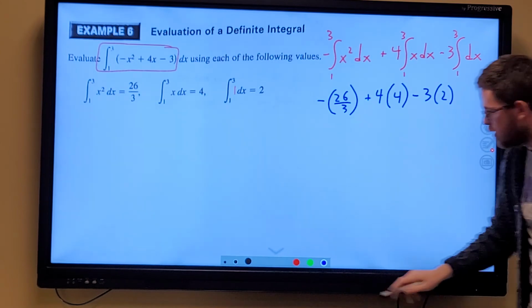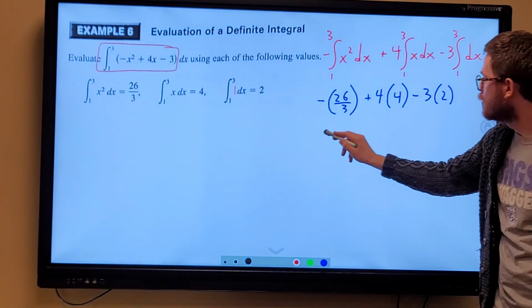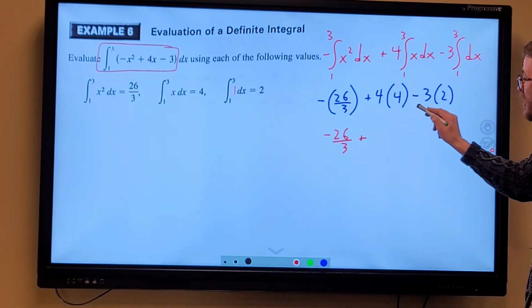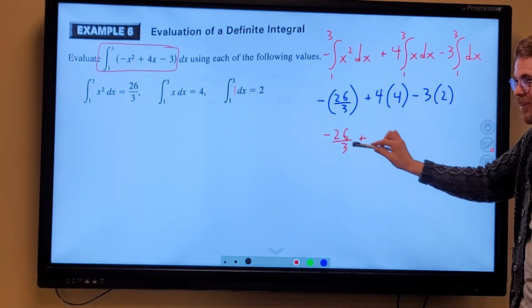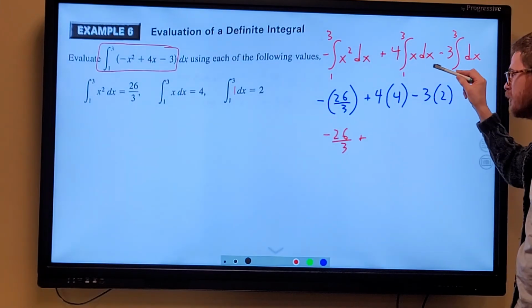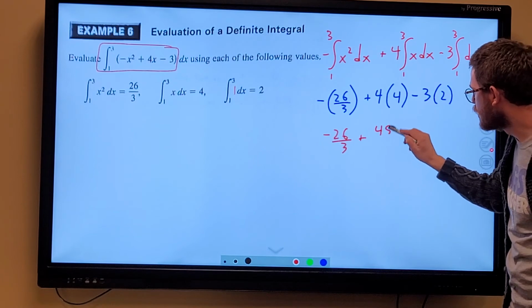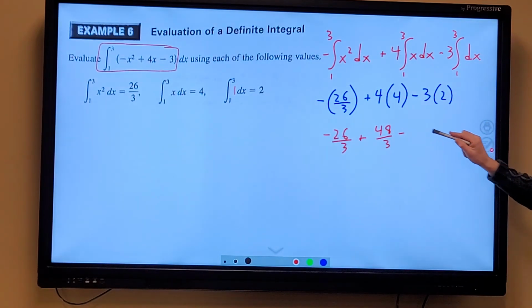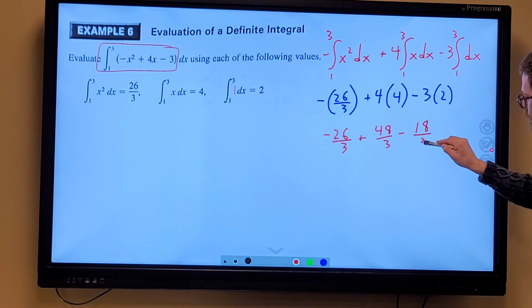And now we just finish up the problem. Negative 26 over 3, this is 16, and I'm going to get a common denominator. This is probably wasting our time a little bit. 16 times 3 is 48 over 3, and this is 6. 6 times 3 is 18 over 3.